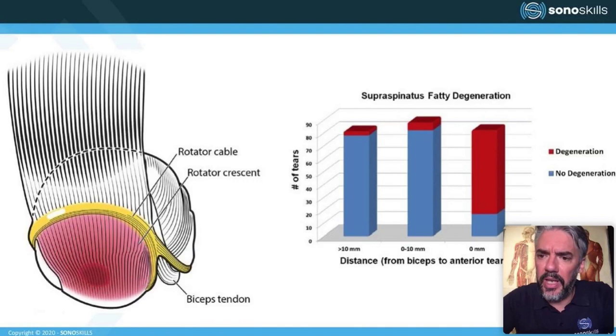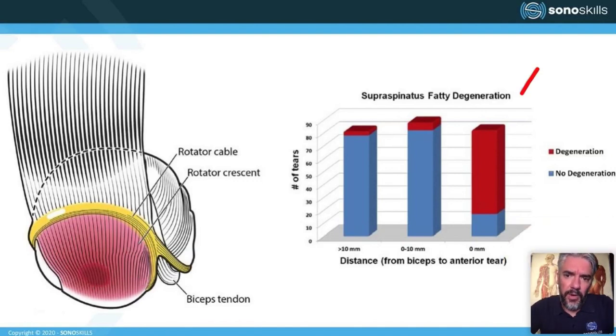And this is an interesting diagram, or statistics, because we can see that if there is 0 millimeters distance to the biceps, so in the anterior supraspinatus, there is a high risk of degeneration, fatty infiltration.